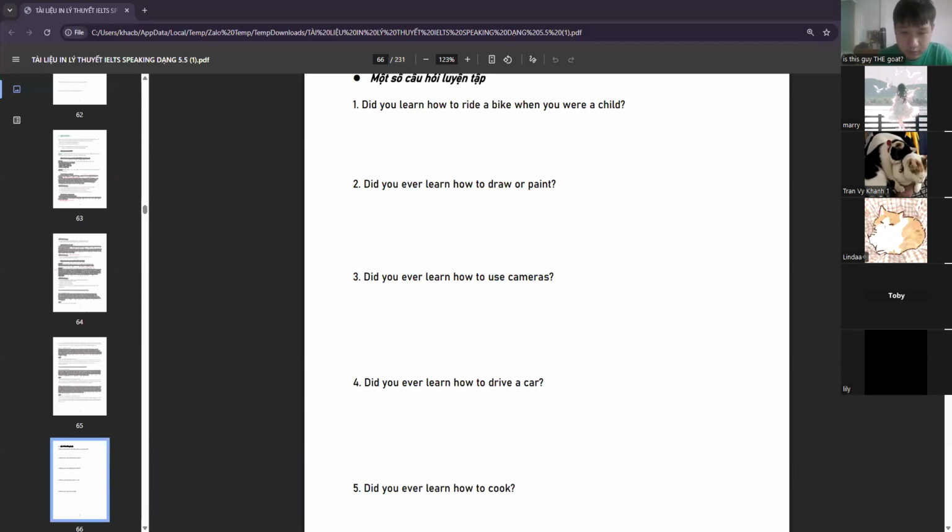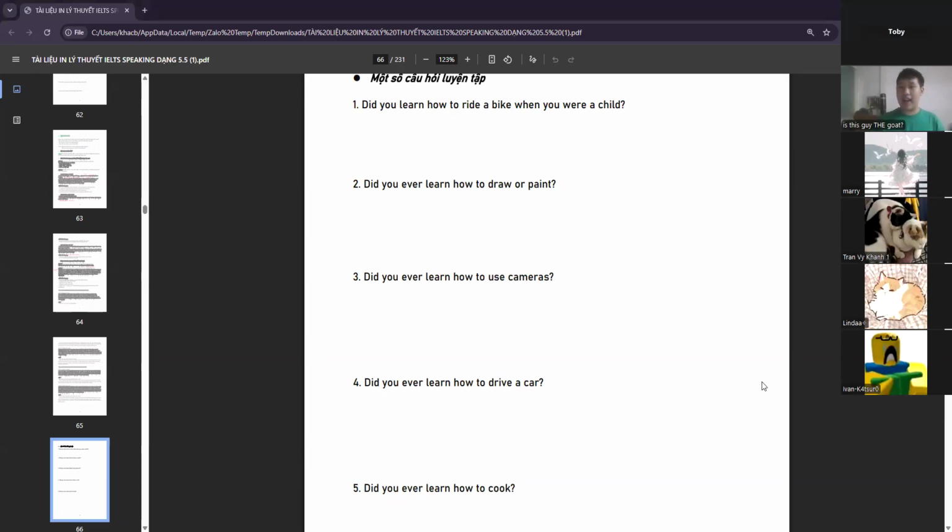Although I would really want to learn how to drive a car in the future because I prefer traveling by car compared to traveling by motorcycle. All right, that's a really good answer for a negative, even though we don't even drive a car. In case you get asked that in the exam, you should probably say no.